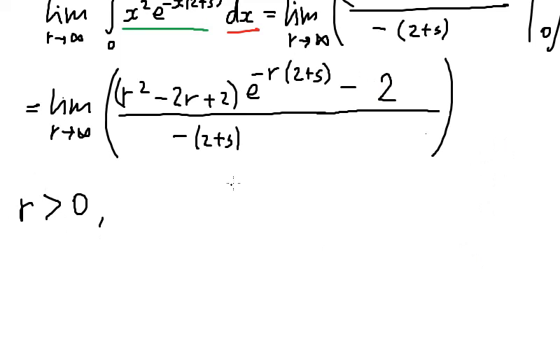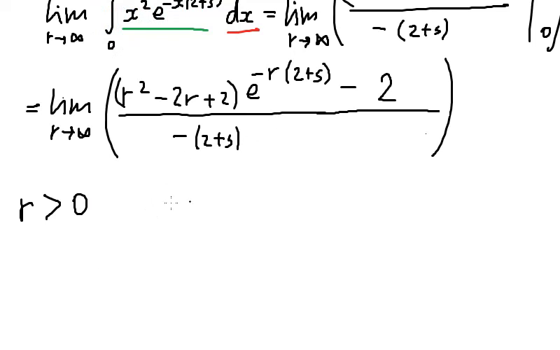What about s? Well, for s, we haven't decided yet what s should be. We are looking for those s's for which this limit evaluates to finite numbers. So we have some flexibility there to put some restriction on s so as to make sure that the limit will actually exist. Okay, so let us now look at these limits.